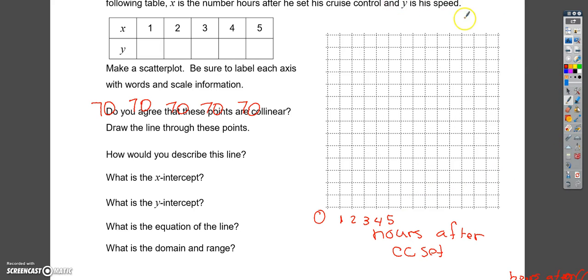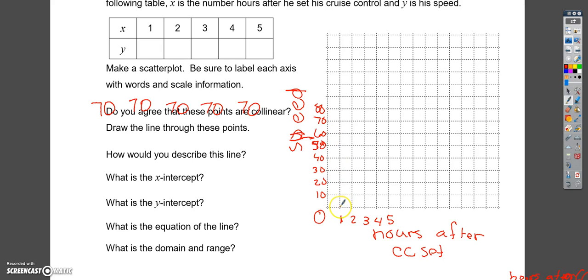And Y is his speed. So we're going to say Y, speed, S-P-E-E-D. And I'm going to go by tens, 10, 20, 30, 40, 50, 60, 70, 80.